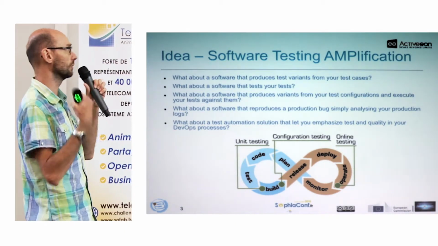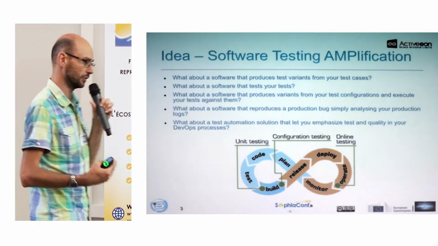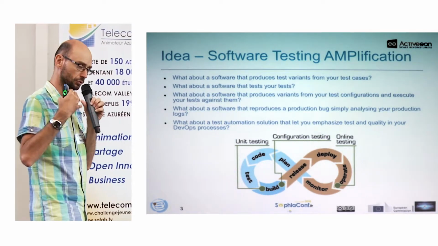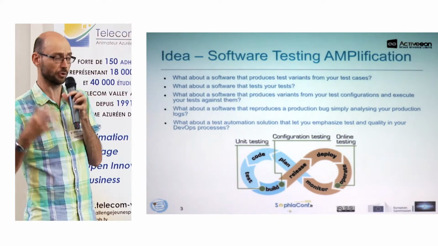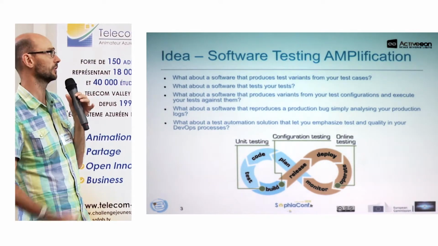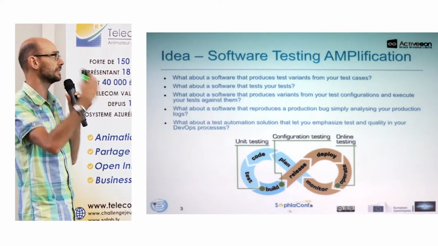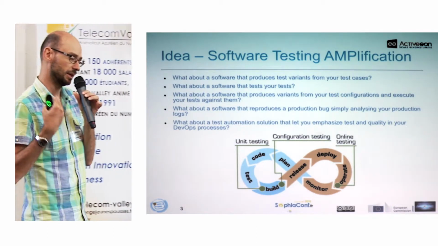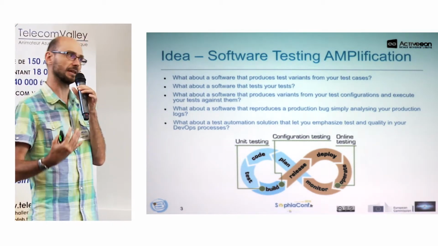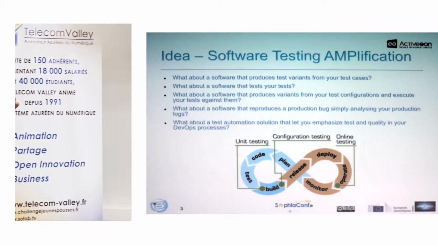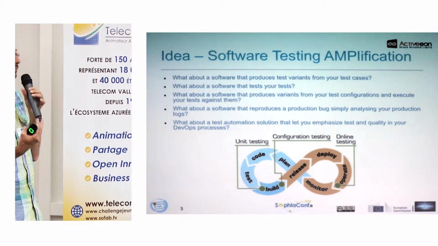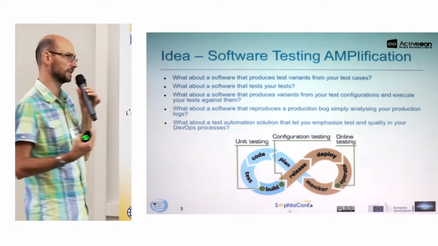We are involved in configuration testing. After a build, we are able to automatically produce configurations and to test them automatically. And even at the operation level, we are able to take stack traces of bugs that appear and produce the tests that correspond to this stack trace.